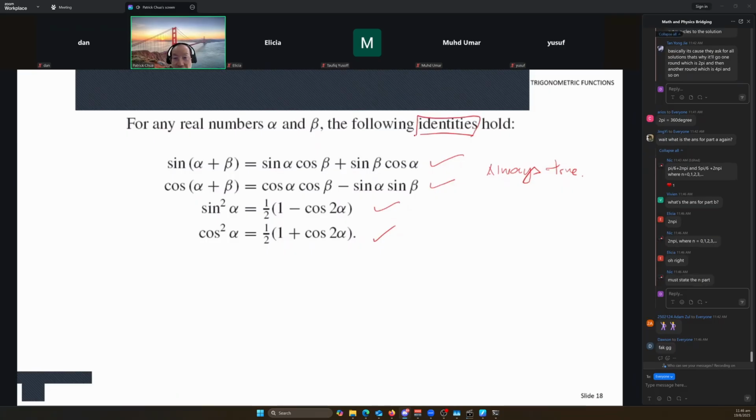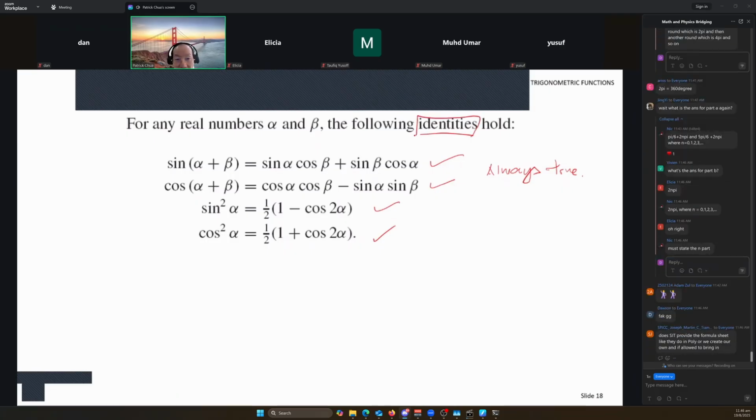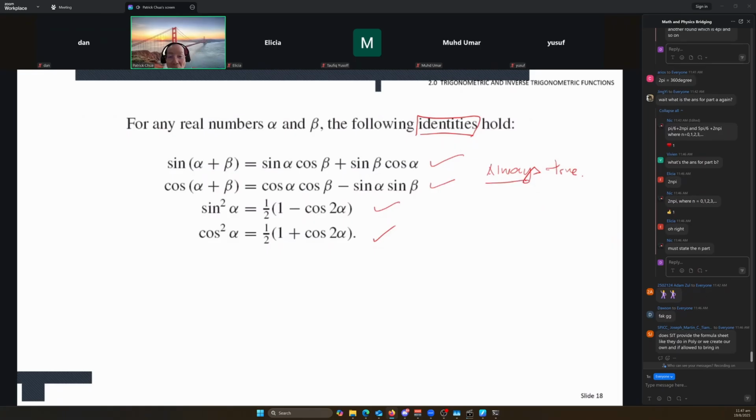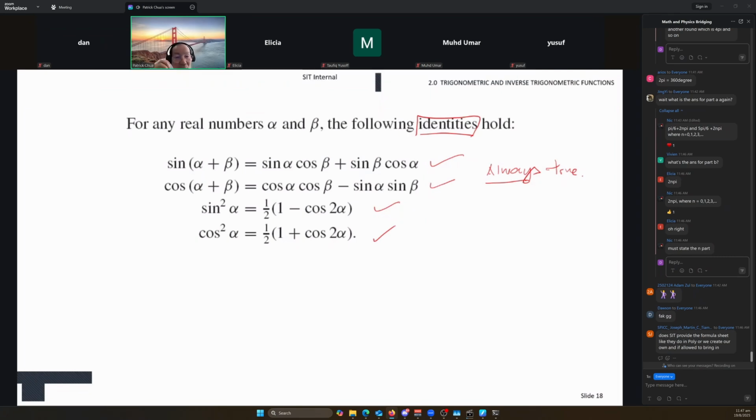You see, identity means these expressions, these equations are always true, and that is why they are specifically called identities. Equations are not always true. It's surprising to hear our bridging course professor say equations are not always true, but it is correct, because some equations are only applicable for a certain range only.